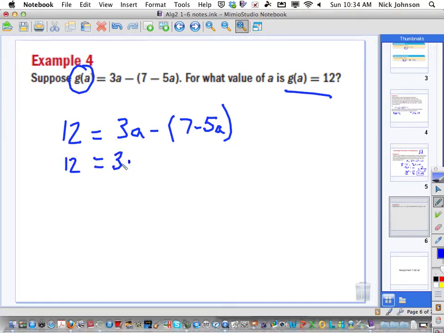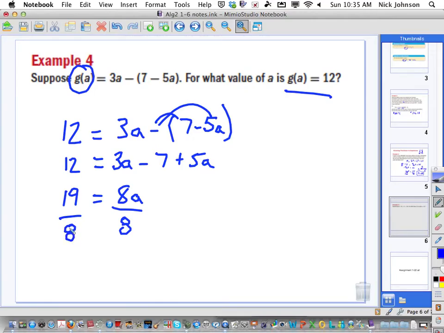So 3a, and remember our negatives. I'd take the negative to every single thing. So a negative times 7 is a negative 7. A negative times a negative 5a is a positive 5a. Okay? And so the inverse of subtracting 7 is adding 7, so it gives me 19. And 3a plus 5a is 8a. You divide by 8.